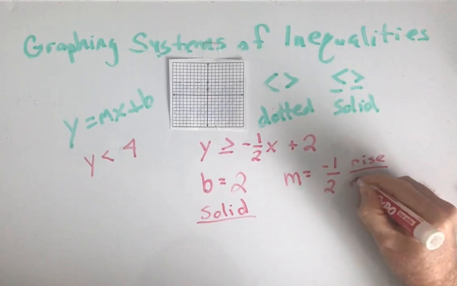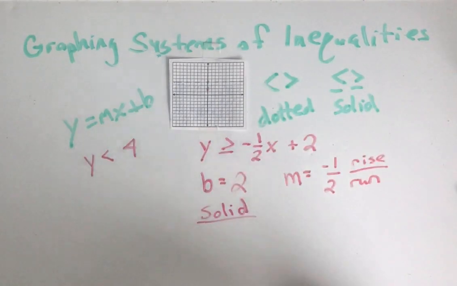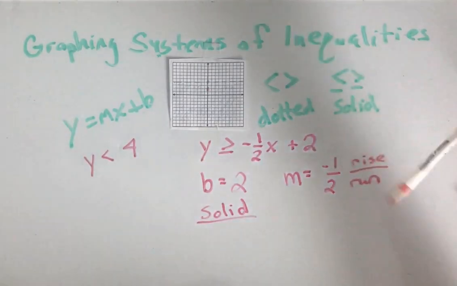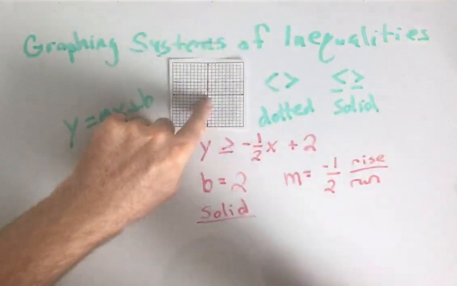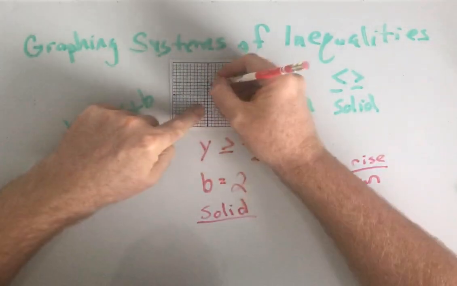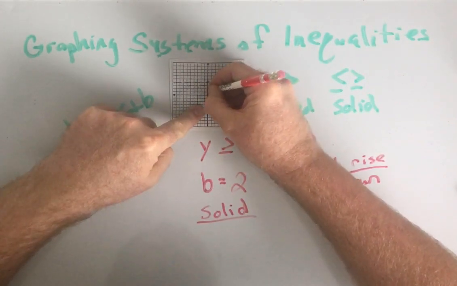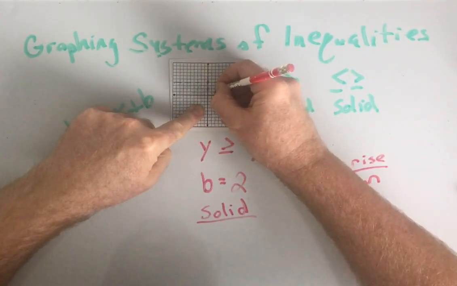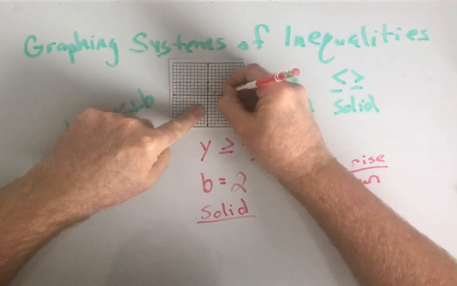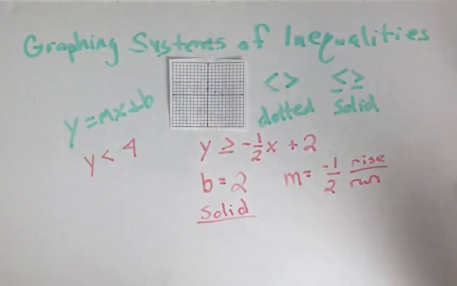Rise over run. And so I'm going to rise negative 1. Well, if I rise negative, that means go down. So I'm going to go down 1, and I'm going to run 2. Always run to the right. So I go down 1 and run 2. Down 1 and run 2. You can continue the pattern if you like.